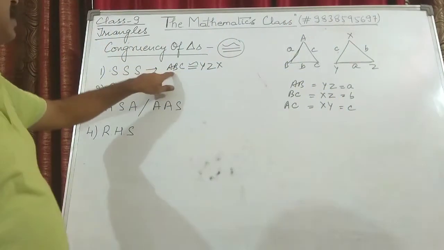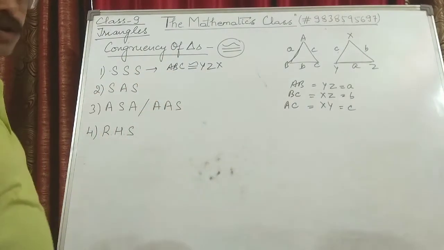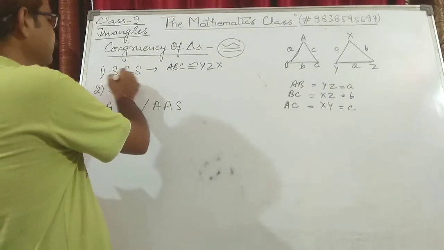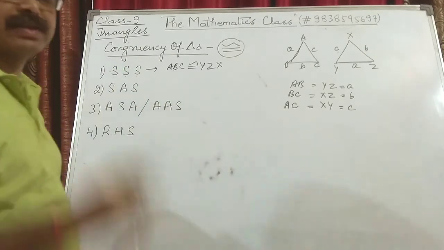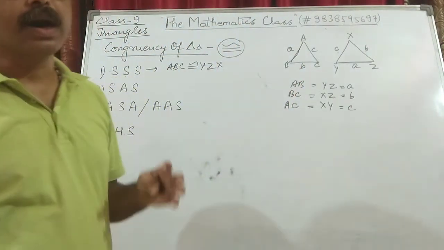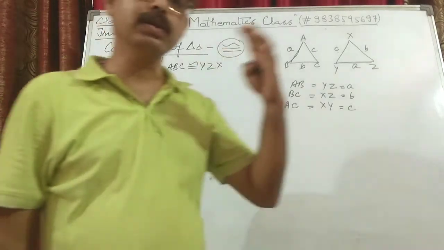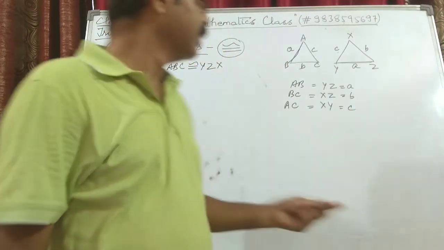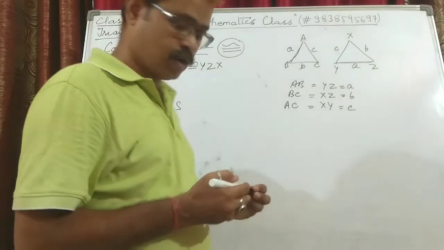So triangles ABC and YZX are congruent because of the SSS rule. What is the SSS rule? When all three sides of one triangle are equal to all three sides of another triangle, then we say the triangles are congruent.